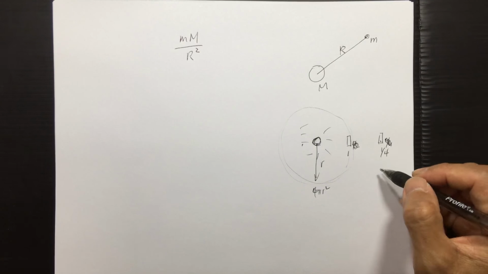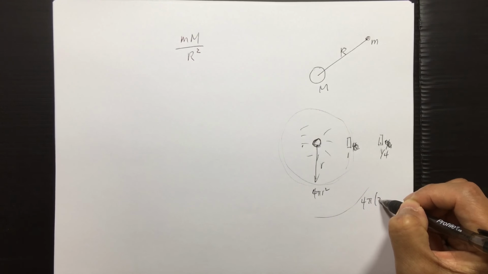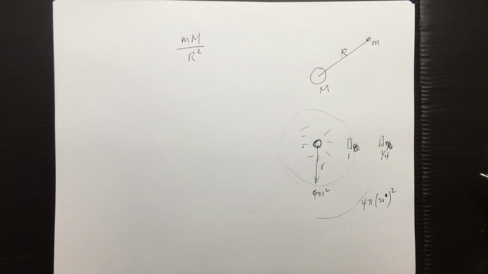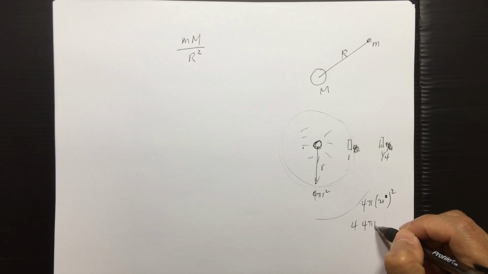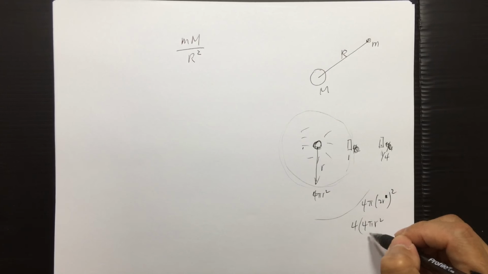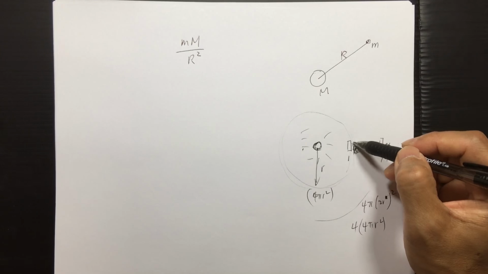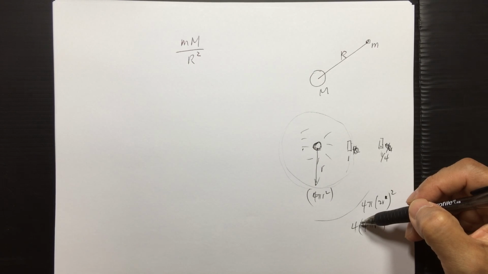So this ball's area is 4 pi times 2r squared, which is 4 pi times 4r squared. In other words, when the r is extended twice, the area expands by 4 times.